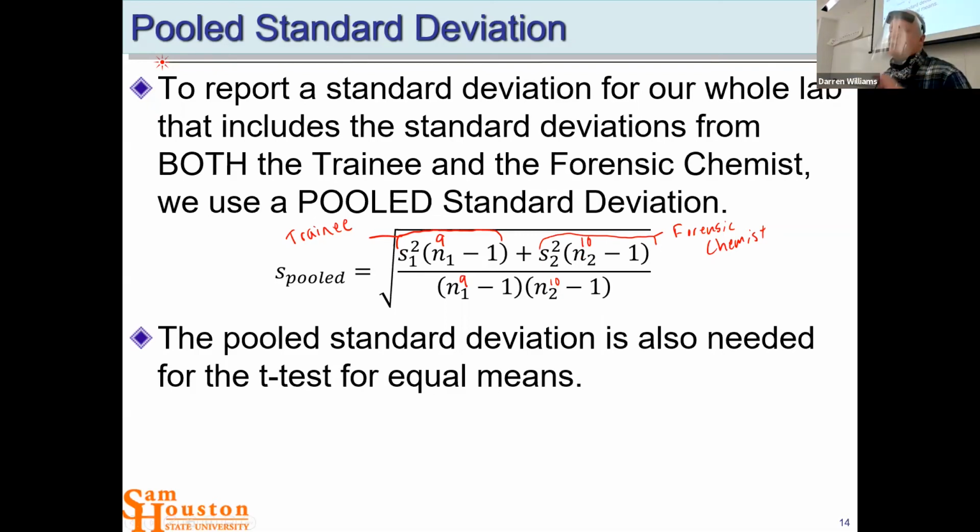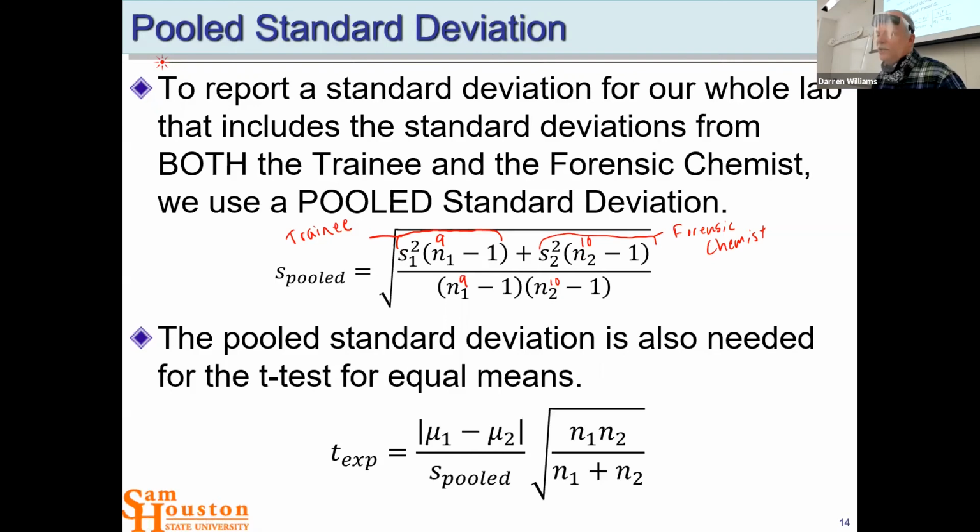Then we would use this pooled standard deviation to do the t-test for equal means. We would come up with an experimental t-value using the means for the forensic chemist and the trainee, and again the 9 and 10 data points. Then this pooled standard deviation goes in the denominator.